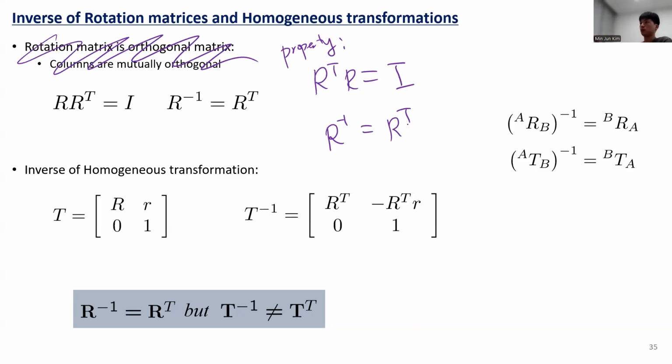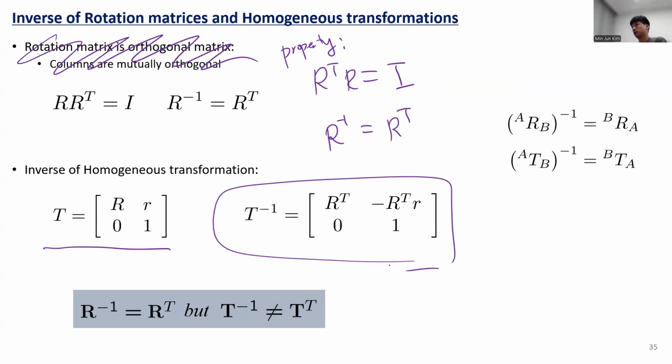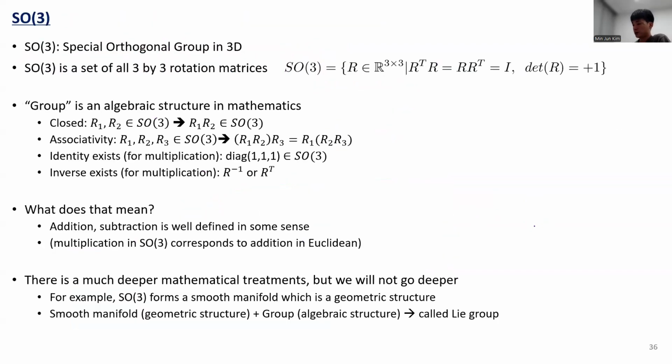So if you transpose a rotation matrix, that's actually the inverse. The inverse of the homogeneous transformation is given like that. Maybe you have to remember it at some point, but it has this form. So if you just multiply the two matrices, then they become identity. Right.